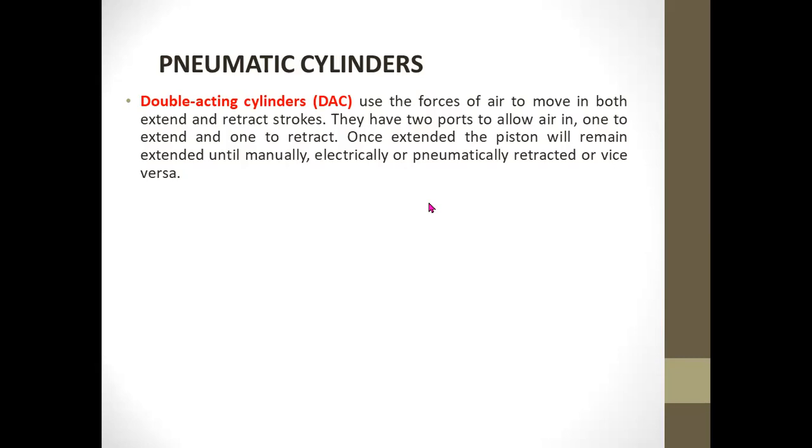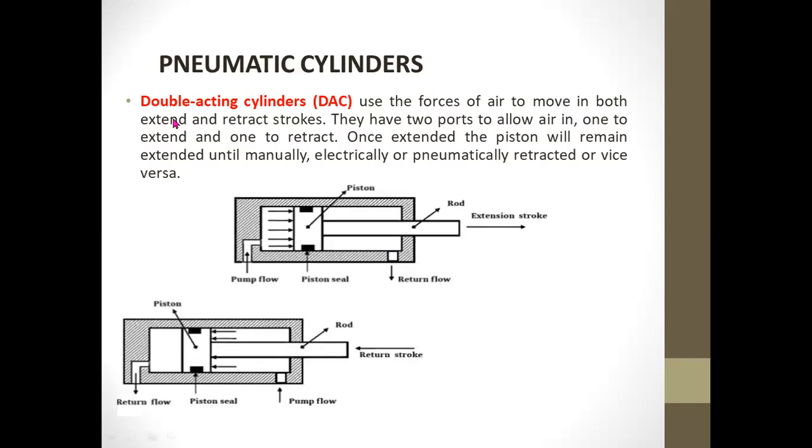This is how the double acting cylinder operates. Air enters in this direction and pushes the piston rod, allowing the piston rod to extend. To make the cylinder retract, air is allowed to enter in the other direction, which is the second port.